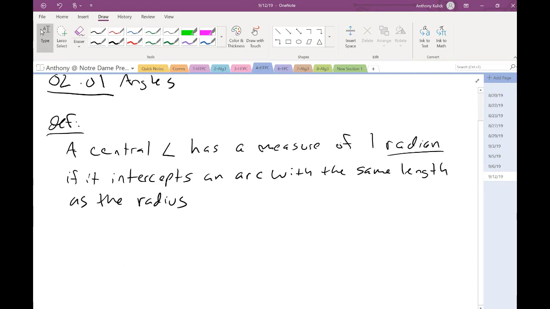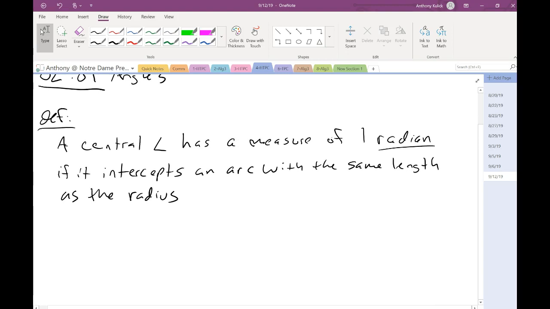So we say that a central angle has a measure of 1 radian if it intercepts an arc with the same length as a radius, or as the radius, I should say.